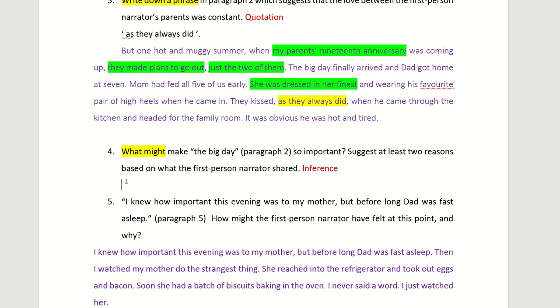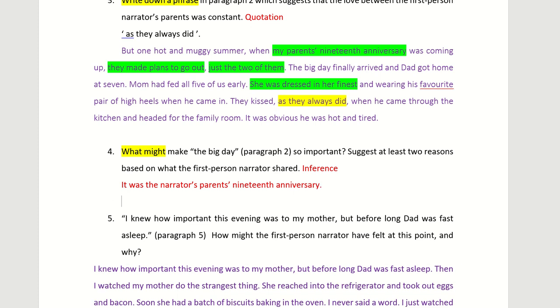The first reason can be, maybe I use a different color: it was the narrator's parents' 19th, spell correctly, 19th, T-H, anniversary. So that's a possible first answer.